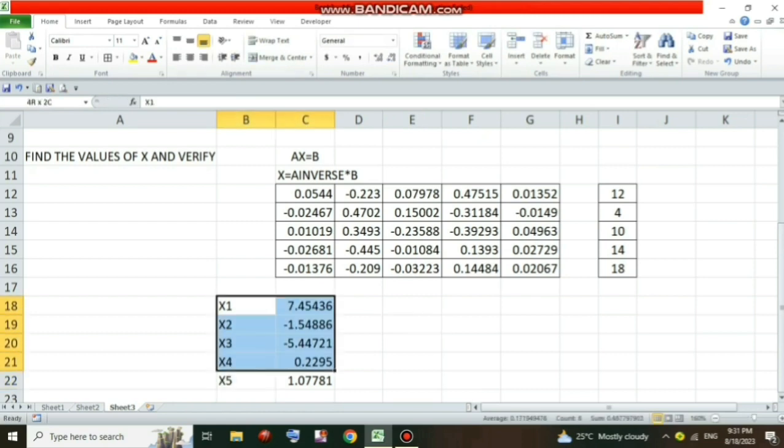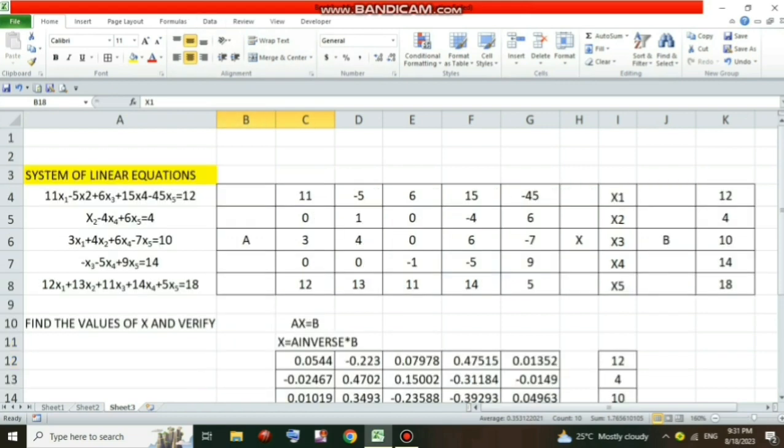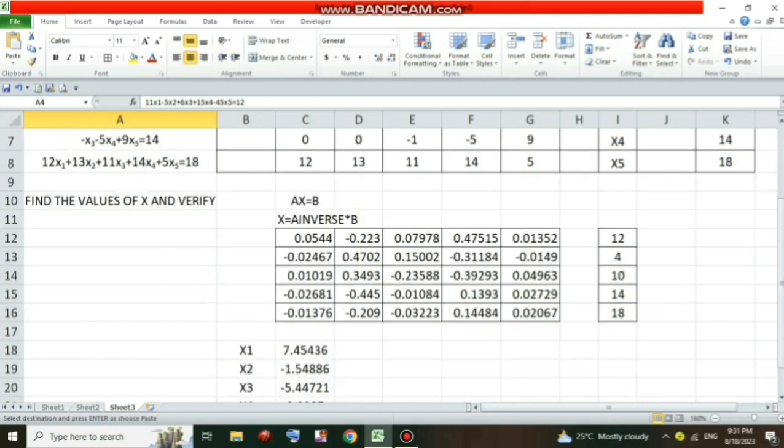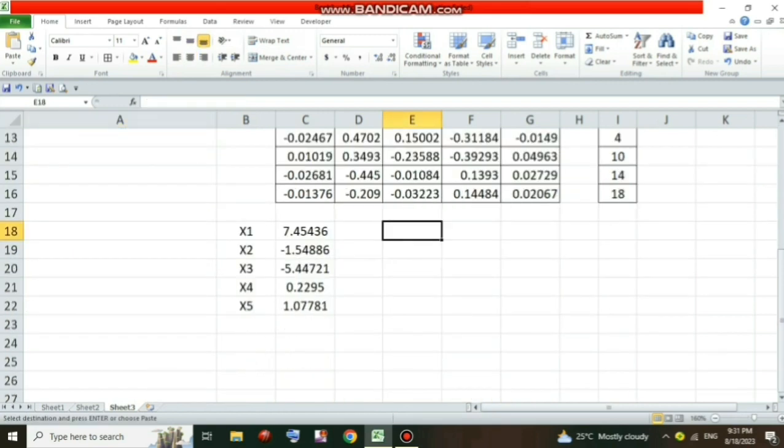Now let's verify whether it is true or not. Obviously it will be correct, but let's verify it using the given equations. You have 5 equations here. Let me copy one equation and paste it over here.